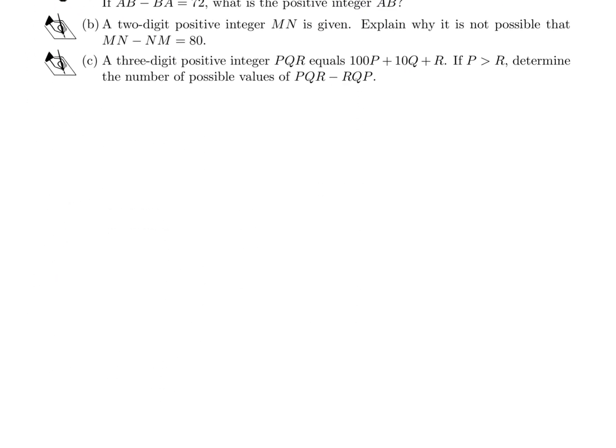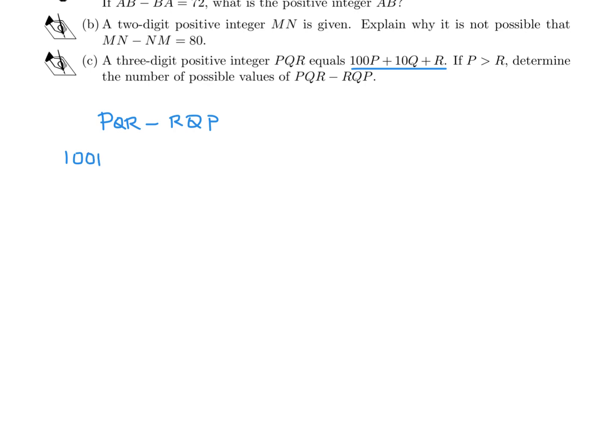A 3-digit positive integer, PQR, equals 100p plus 10q plus r. If p is greater than r, determine the number of possible values of PQR minus RQP. All right. So same kind of story, PQR minus RQP, and then we just again use the same definition that they were giving up there.